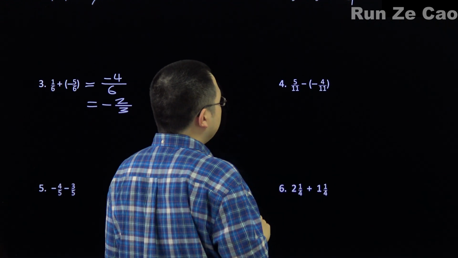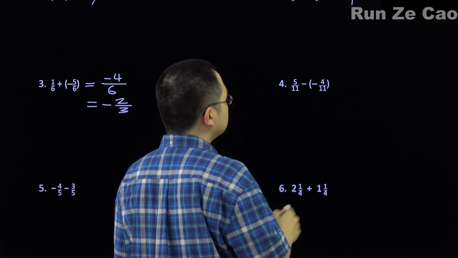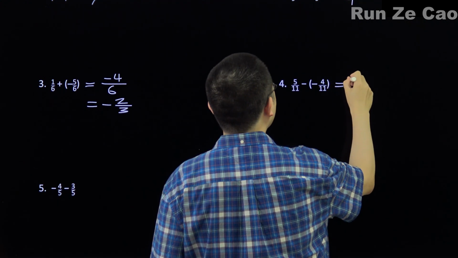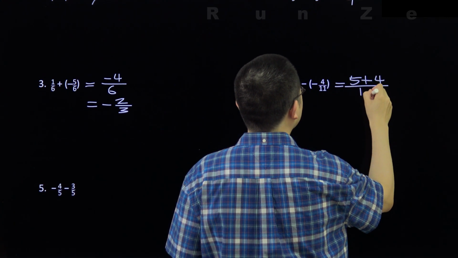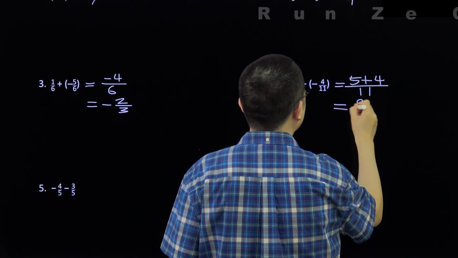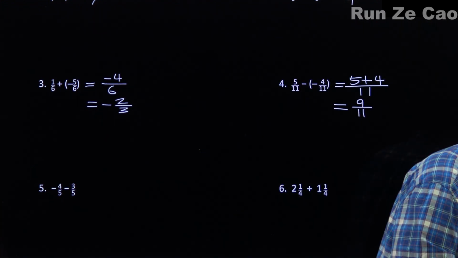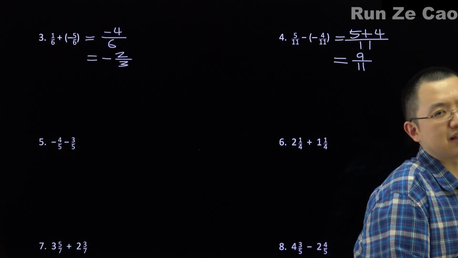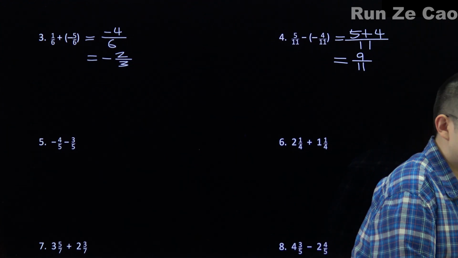5 over 11 minus -4 over 11 is just going to be 5 plus 4 over 11. So 9 over 11. I mean, yeah, you could write 5 minus -4, but if you open the brackets, these negative symbols multiply each other to oblivion.